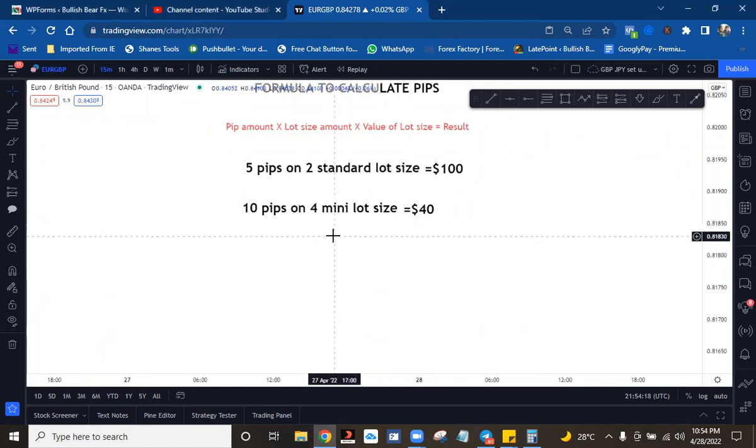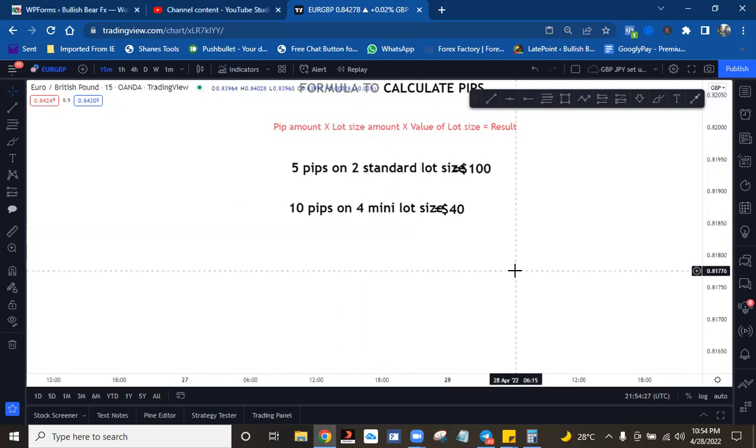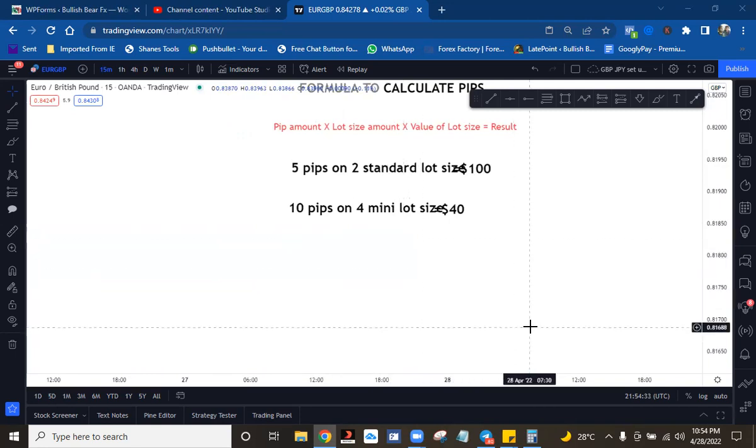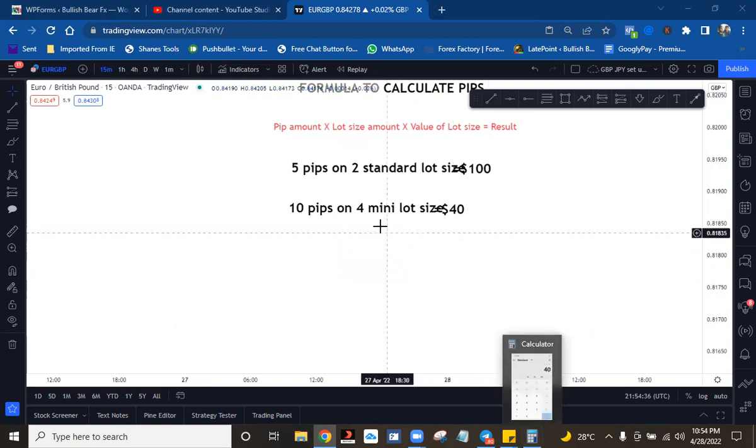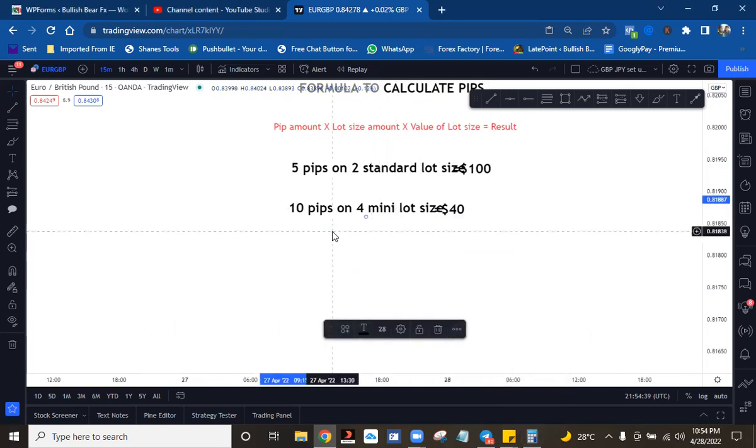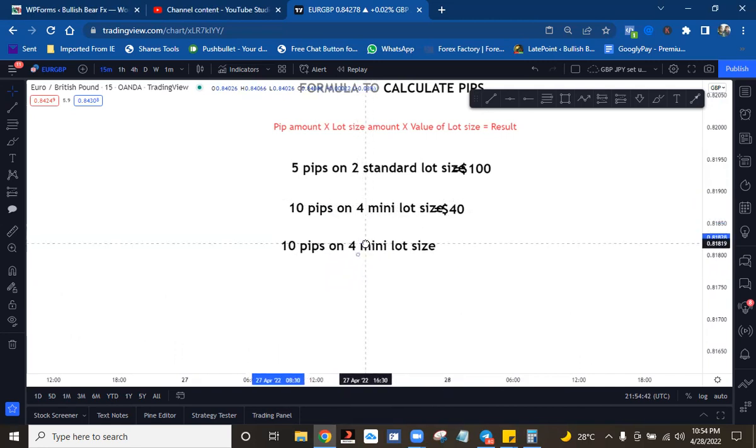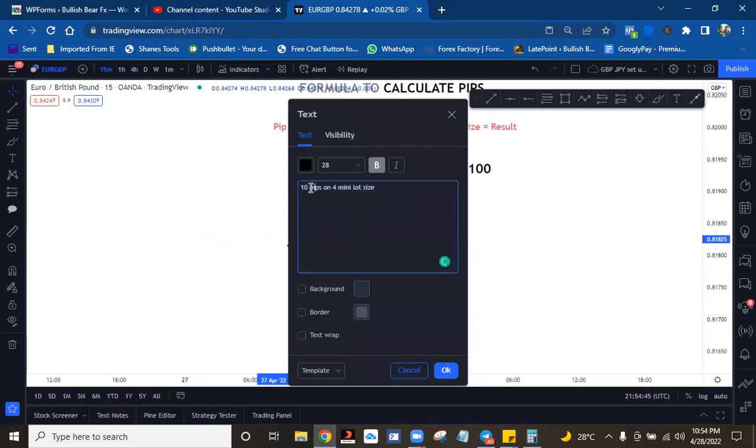And so 10 pips, 4 mini lot size, I'm risking $40. Let's do one more calculation for the micro lot size. For the micro lot size, let's say I'm risking 20 pips, and I'm using 5 micro lot size.